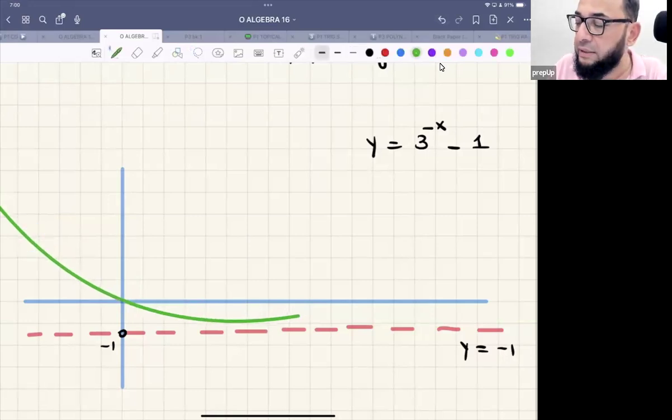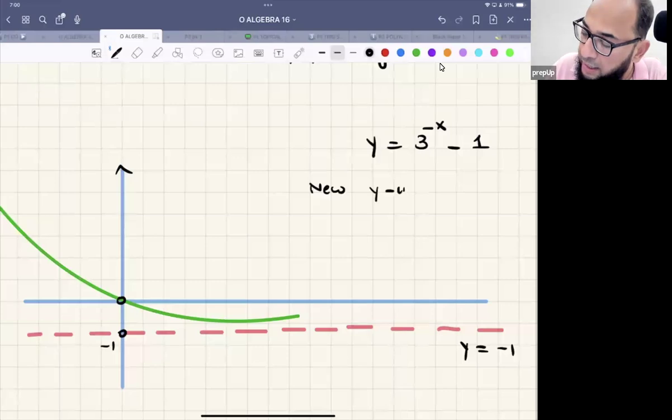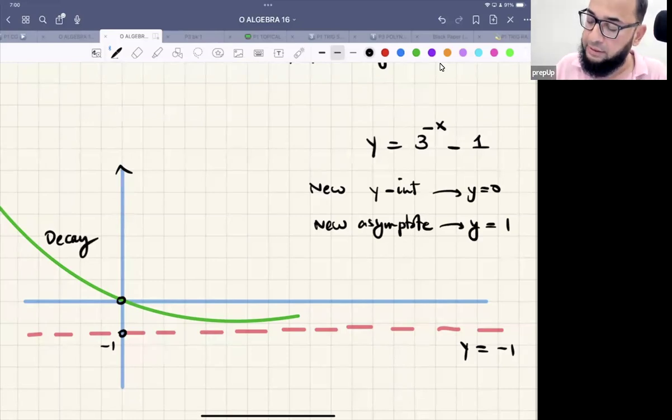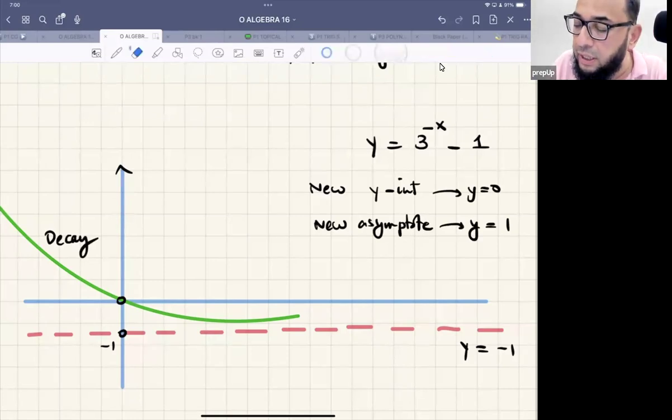Now this is 0. It's passing through 0. The new y-intercept is y equals 0. The new asymptote is y equals negative 1. Again, this is a graph of decay.